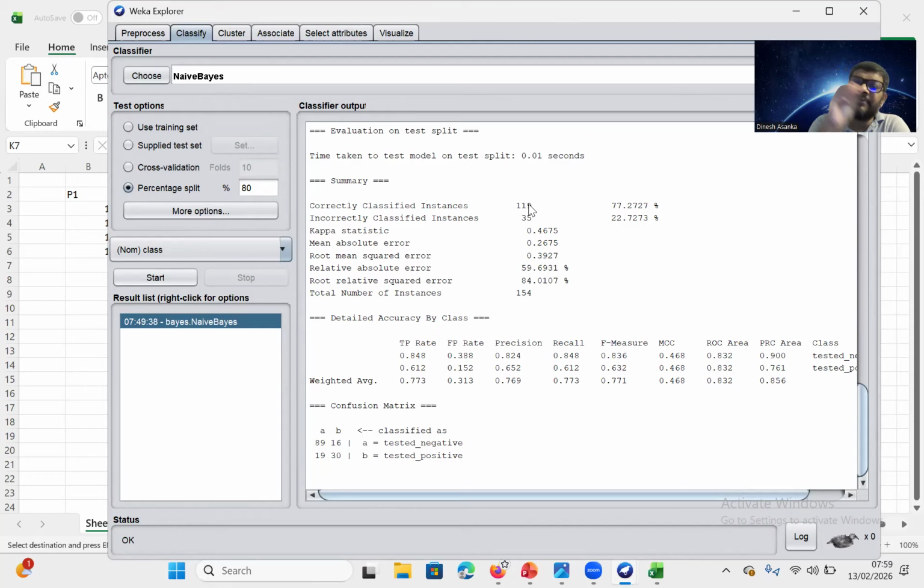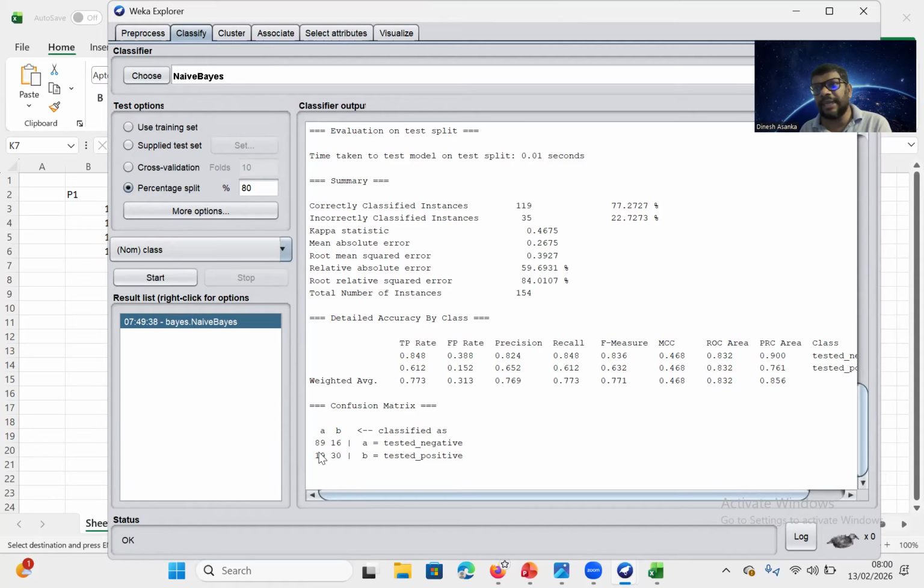Therefore, labeling positive cases as negative, this 19, is the most significant error out of this entire 35. Again, we are building a model to identify the positive diabetic cases. That's our mandate for this particular model. So the cases labeled as negative are more significant, not the other one.